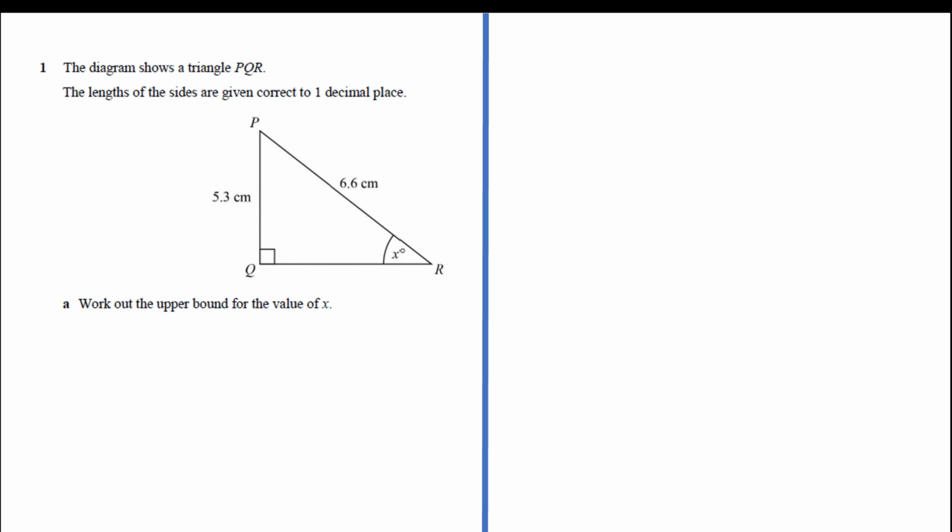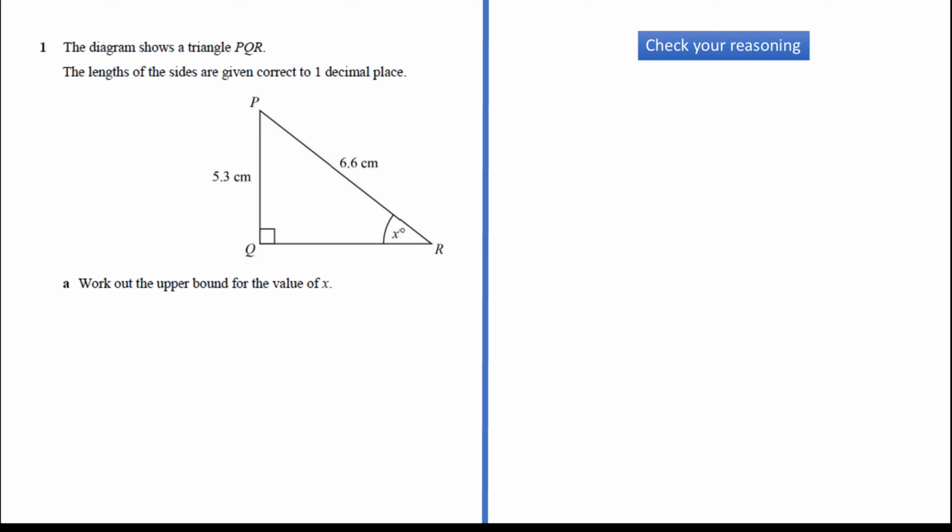So we have here a question 1, that says the diagram shows a triangle PQR and the lengths of the sides are given correct to 1 decimal place. We can see that there is an angle labelled X, and opposite this angle we have the 1.3 centimeter length, which is the opposite side, and the hypotenuse of this triangle, because it's a right angle triangle, is 6.6 centimeters.